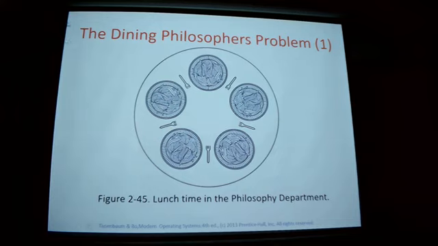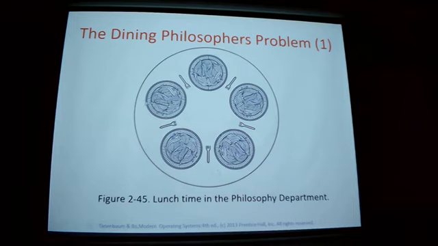The last one is about the dining philosophers problem. It is also a classical problem. In this lesson we learn some basic information about the dining philosophers problem. First of all, we know what the problem is.